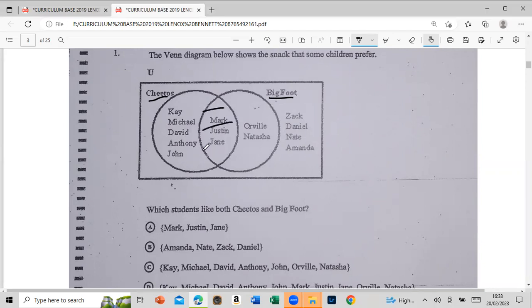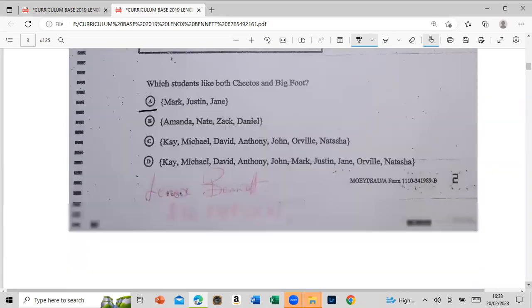So that would be Mark, Justin, and Jade. So that is A. So for question 1, it would be A. Zach, Daniel, Nate, and Amanda, they do not like Cheetos nor Bigfoot. Just in case they might ask you that question, you have it.